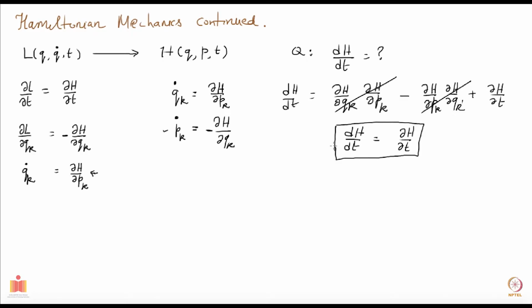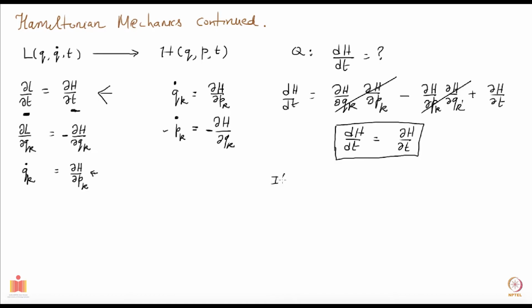You can say more, because you also know that the partial derivative of H with respect to time is equal to ∂L/∂t. Now, if your Lagrangian didn't depend explicitly on time, then your Hamiltonian will also not depend explicitly on time. That is what this equation is saying. So let's say the explicit time dependence is not there. If that is the case, then the total time derivative of H will be 0.